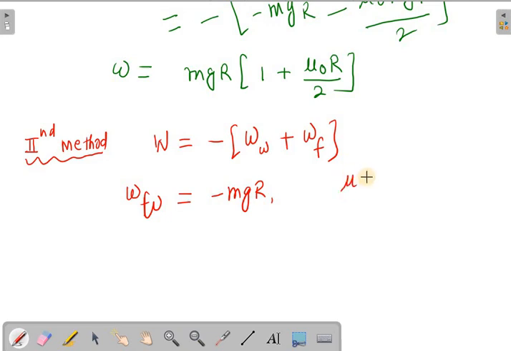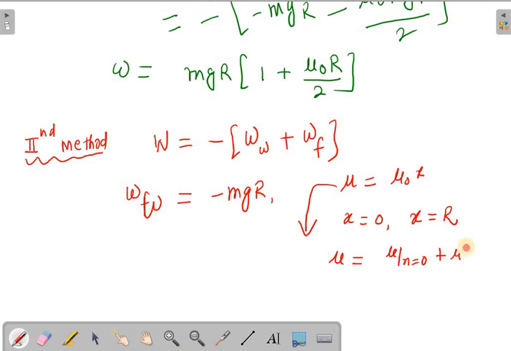Since mu is given as mu naught x, we can calculate from x equal to 0 to x equal to r. So we will calculate the total work done by friction, assuming mu has a constant value, that is given as mu equal to value of mu when x equal to 0 plus value of mu when x equal to r, divided by 2.